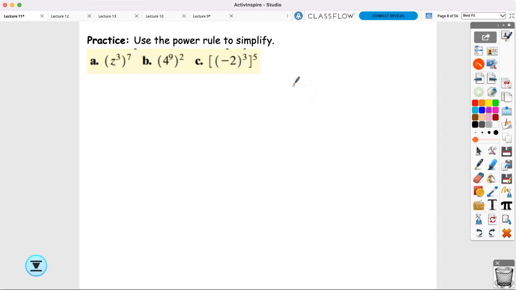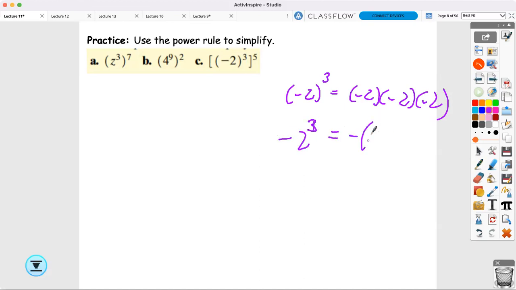So for example, (-2) cubed is actually -2 times -2 times -2. Whereas -2 cubed without parentheses is just -(2 times 2 times 2). But if you look at it carefully, this is cubing 2. We're not cubing 2, we're cubing -2.